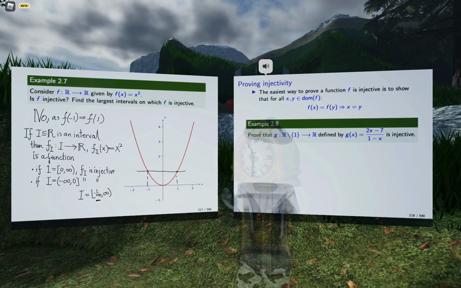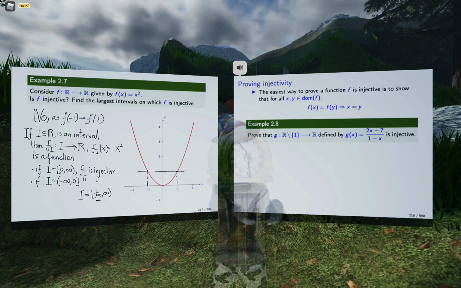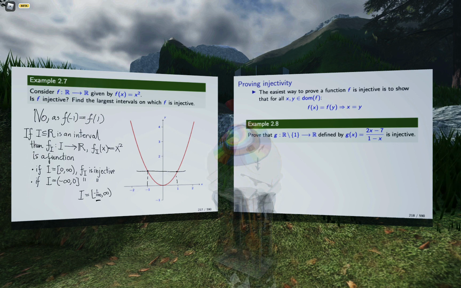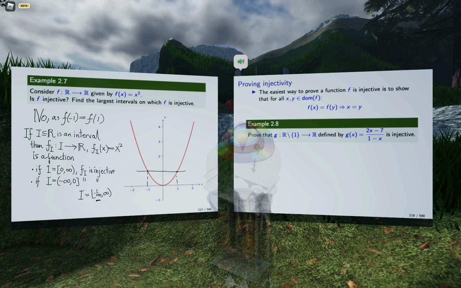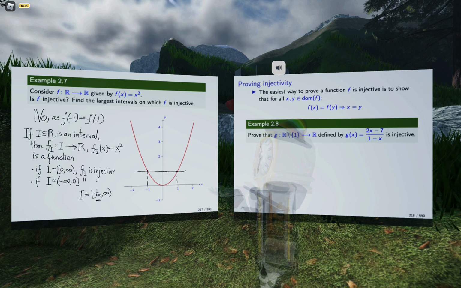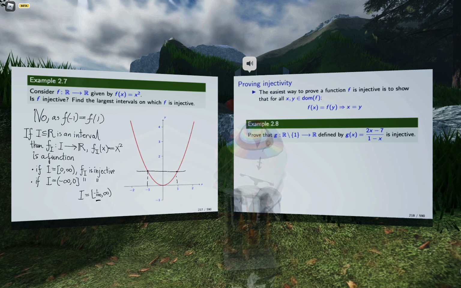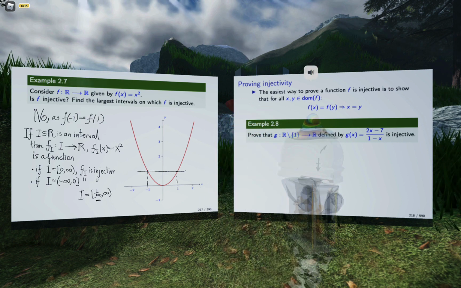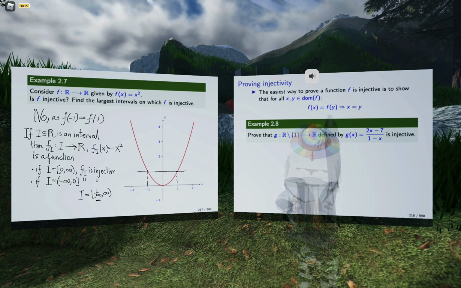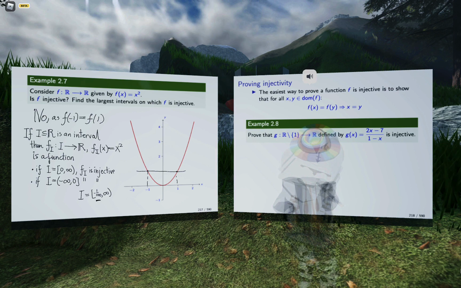Okay, so now we're going to finish off with a calculation, which is actually proving that some function is injective. So let's take a look. So how do we prove that a function is injective? Well, there's two kinds of definitions you can use, right? One says that distinct inputs become distinct outputs, and the other, which is the one I'm going to use here, says that if you take two elements of the domain and they're mapped to the same thing, then they must have been the same to start with.